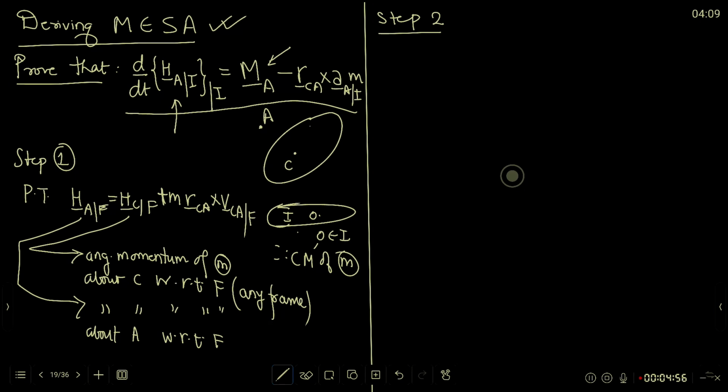RCA, the position vector of the center of mass measured from this point A. It involves of course the total mass of the RB. So M is the identity of the RB as well as the total mass. And then there is a term AAI. AAI is the acceleration of point A with respect to this frame.